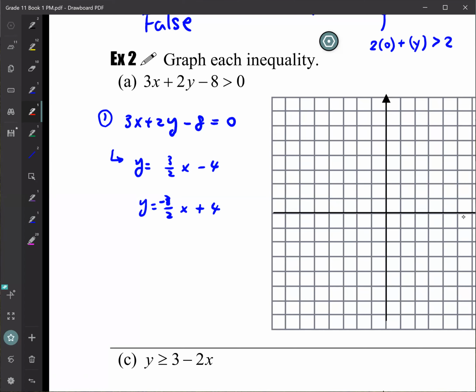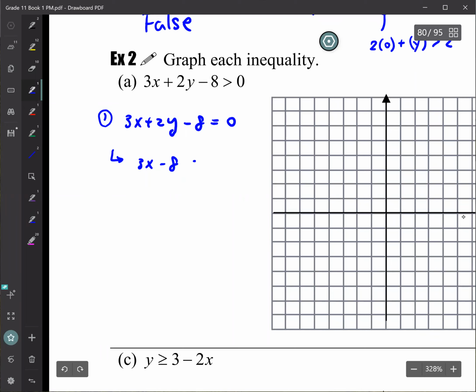So if we move the 2y over, then you would have 3x minus 8, right? Equals, what's on the right side? Minus 2y. Minus 2y, yeah? And then what do you do next? Divided by negative 2. Yeah, everything divided by negative 2, right?